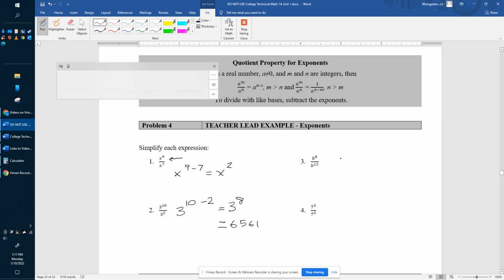Let's look at some more examples. In these two, we have the larger exponent in the denominator, so we are going to end up with fractions. So we have 1 over b to the 12th minus 8, and that is going to give us 1 over b to the 4th.